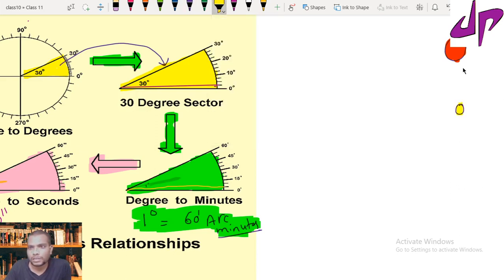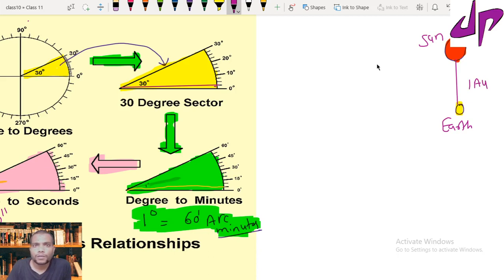So this is the earth. Now the distance between the earth and sun is 1 astronomical unit, 1 AU.